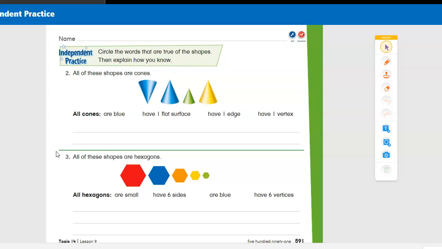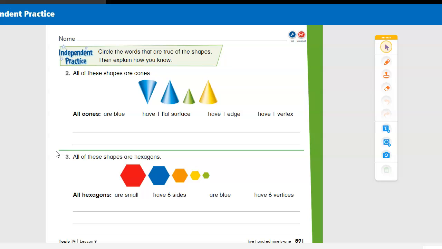So let's look at number 2. Our statement says all of these shapes are cones, and then it has a picture of 4 cones. So now let's read the statements. It says all cones are blue. All cones have 1 flat surface.